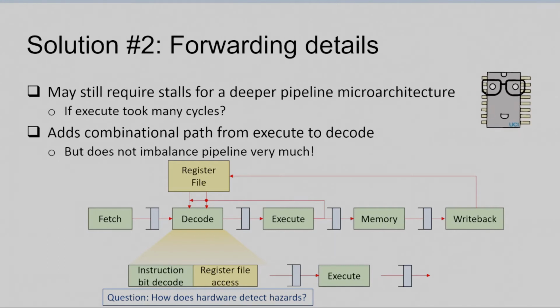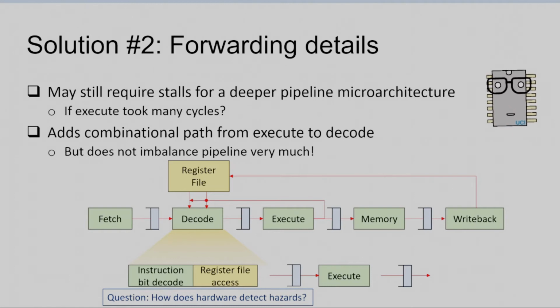And if execute took many cycles, then even if instructions are back-to-back, the forwarding data is not going to be available until all of the sub-pipelines in the execute stage are done.